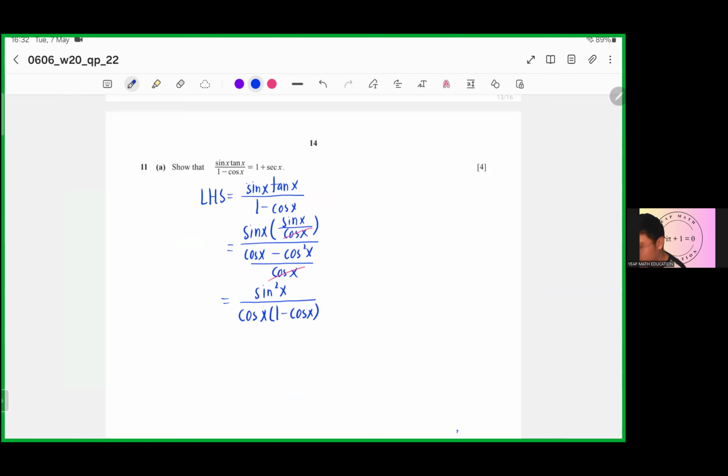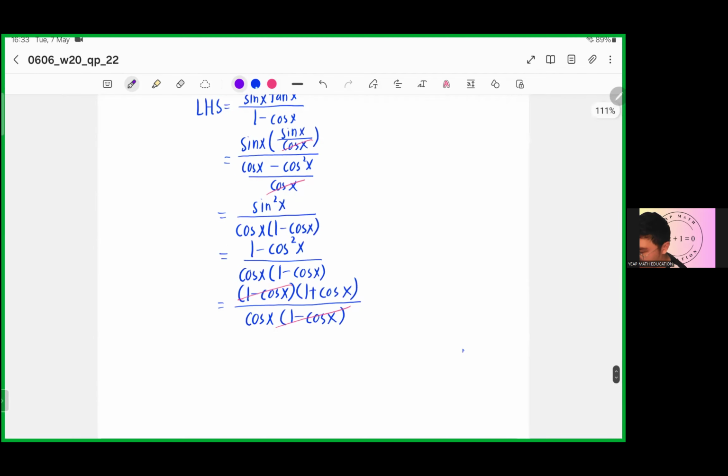Until here we don't know how to solve, so we can write 1 minus cos squared over cos times 1 minus cos. And then we can separate 1 minus cos, 1 plus cos over cos times 1 minus cos. Here we can cancel this part. After that, we get 1 over cos plus 1, which is 1 plus sec, equals the right hand side.